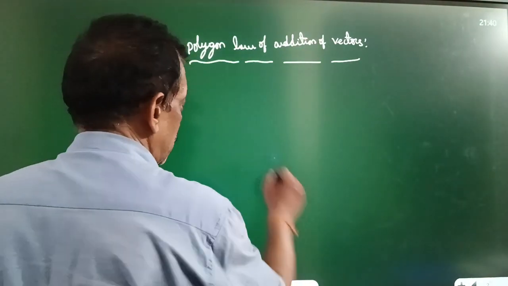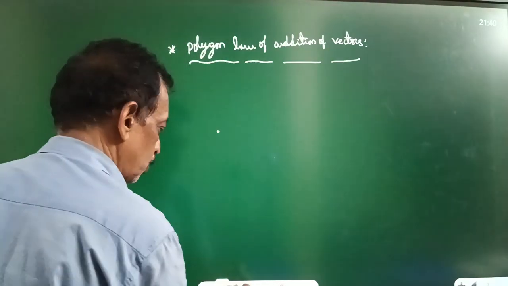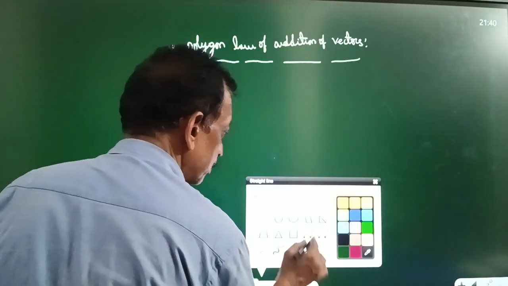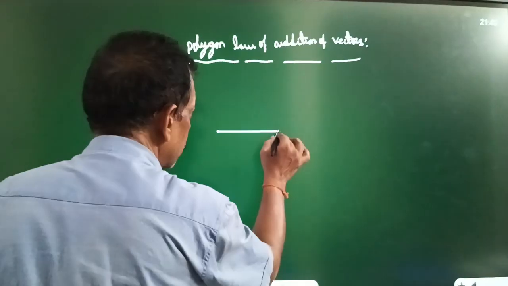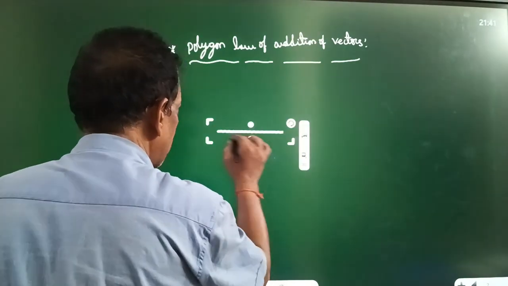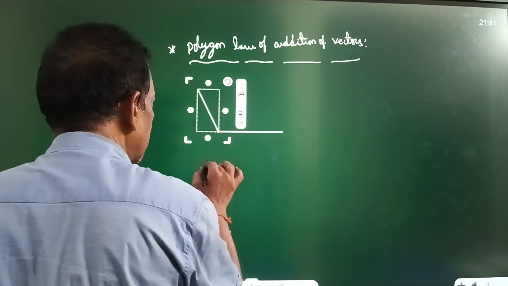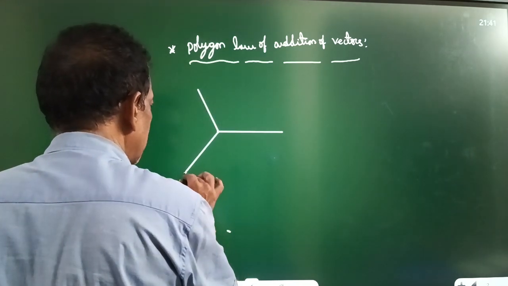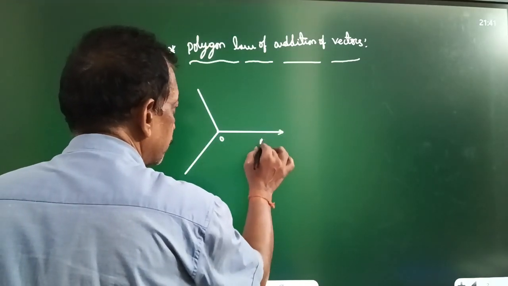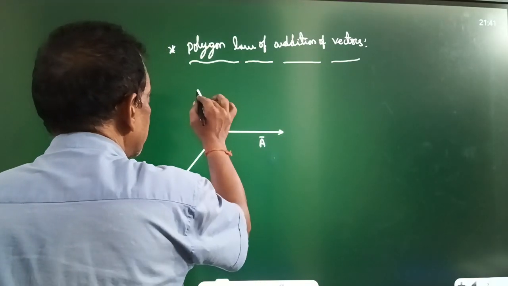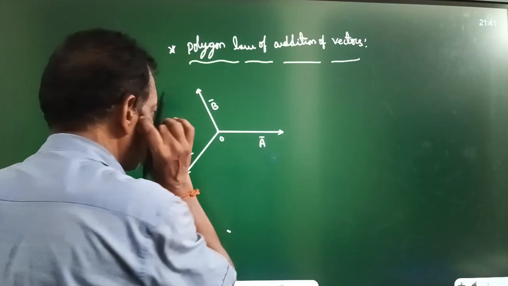So if more than two vectors are acting, let us say these are more than two vectors. This is the A vector, B vector, C vector.